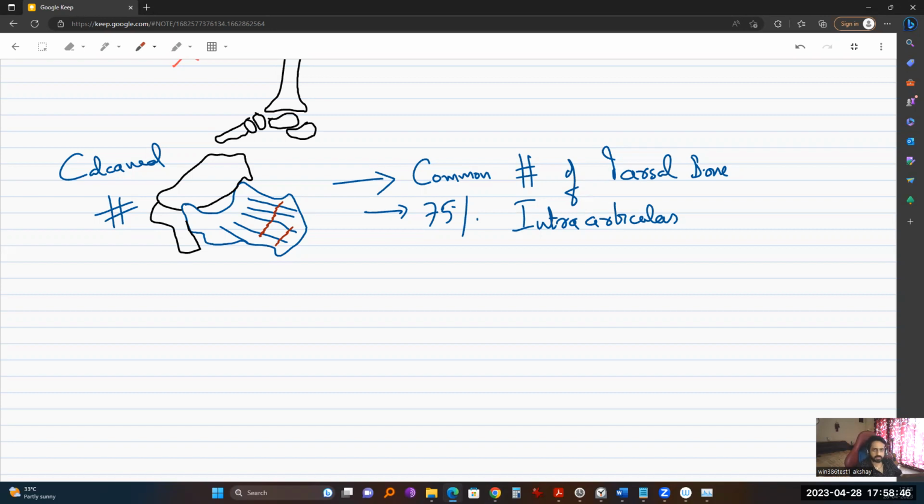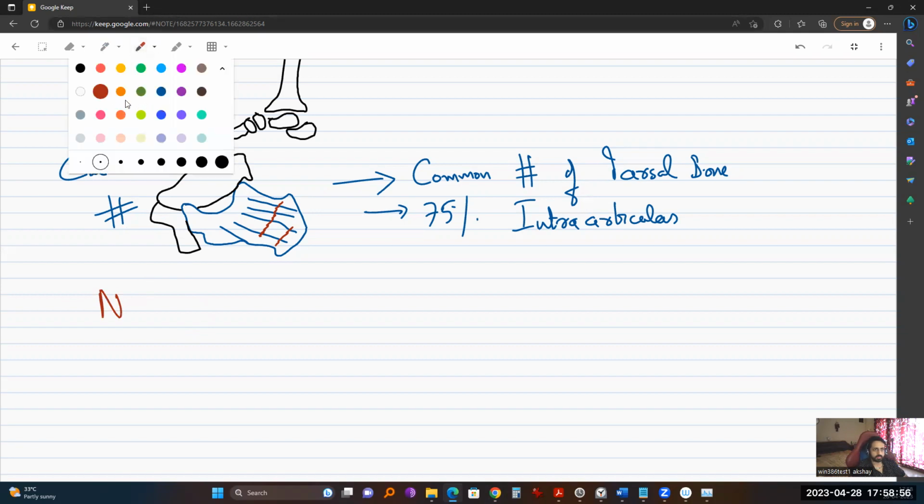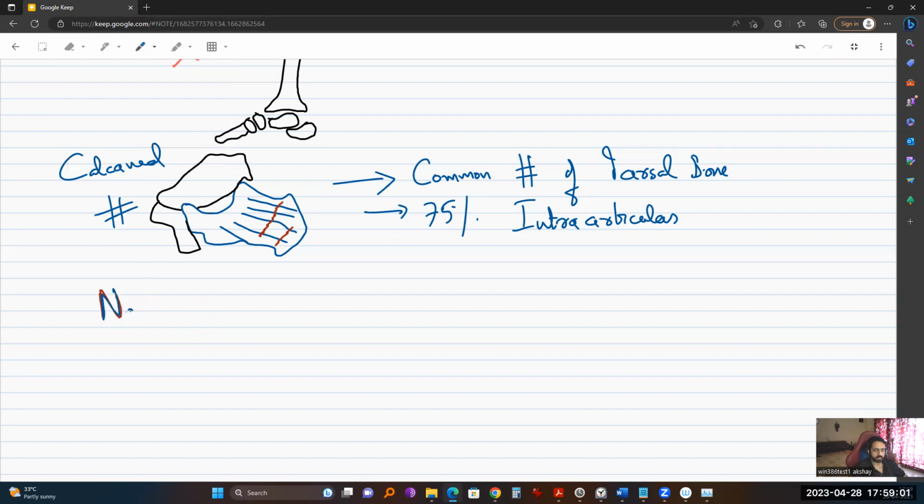Now another interesting fracture is the navicular fracture. You need to remember that out of all the tarsal bones, the navicular bone is the most likely bone to undergo avascular necrosis.